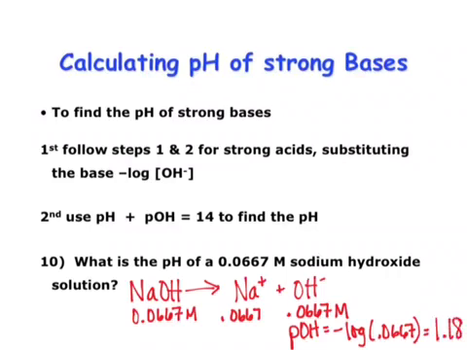Are we done? What's wrong with it? It's asking for the pH. Half of you guys are going to stop right there. So you have to do 14 minus that.